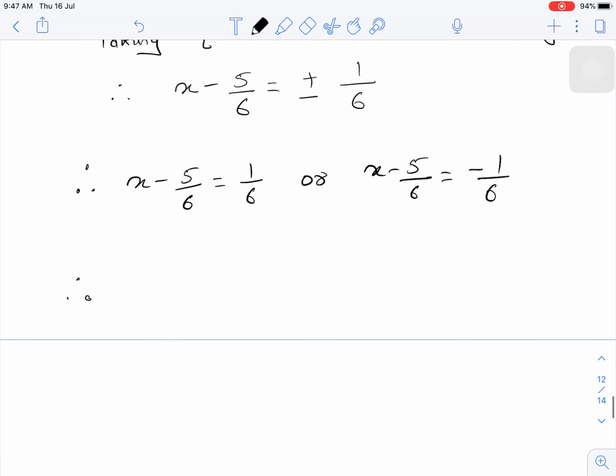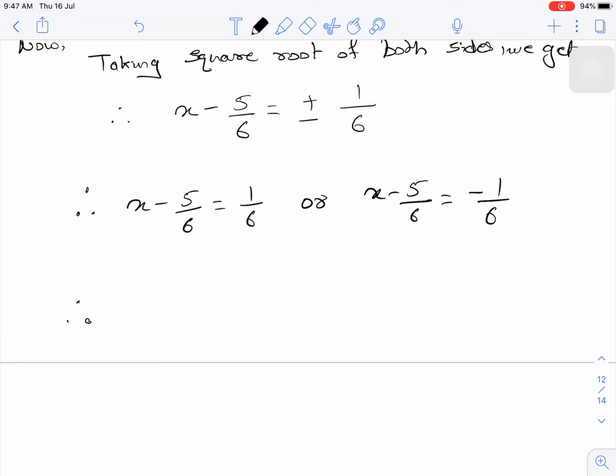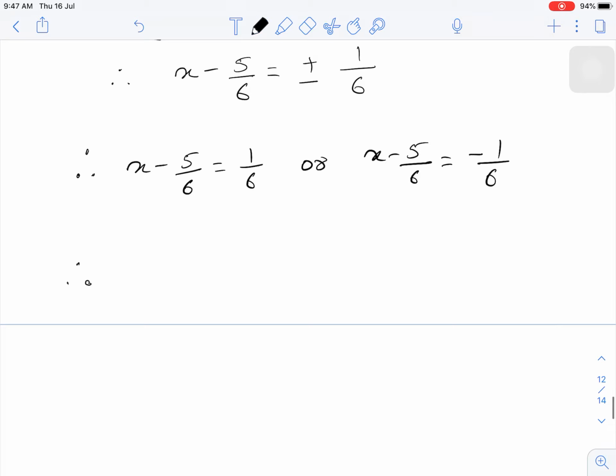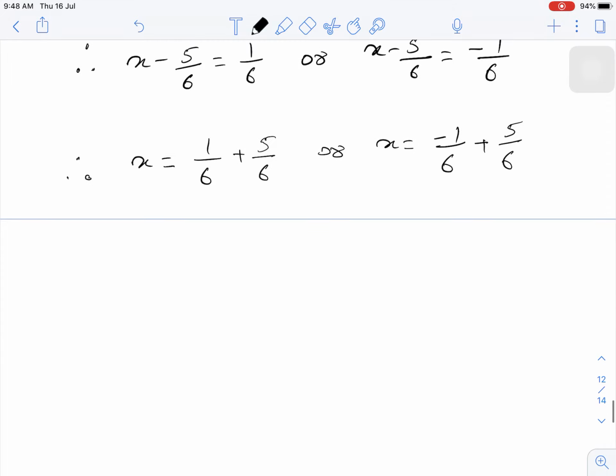Now we have to solve this equation, that is we have to keep x on one side and all the remaining numbers on the other side. So you will get x equals 1 upon 6, now this minus 5 upon 6 will become plus 5 upon 6, or x equals minus 1 upon 6 plus 5 upon 6.